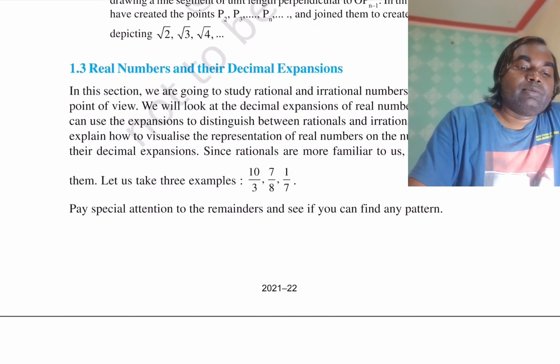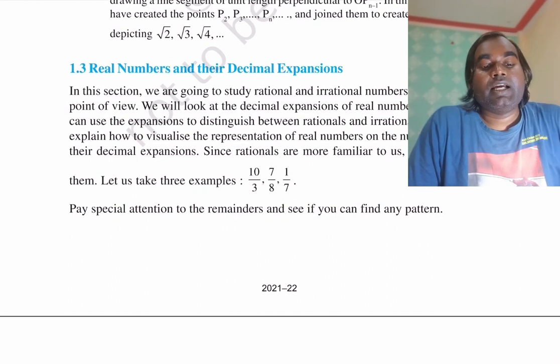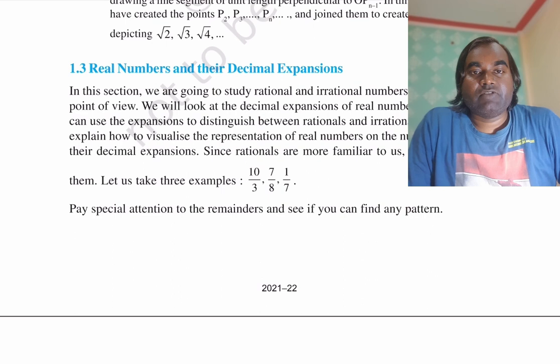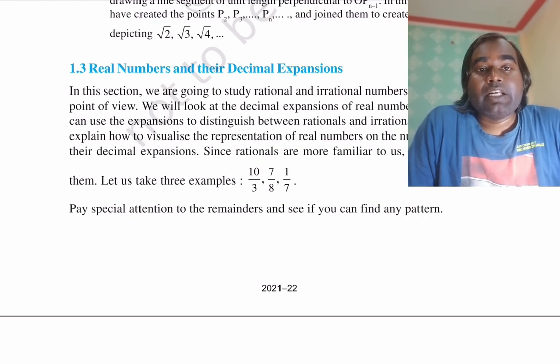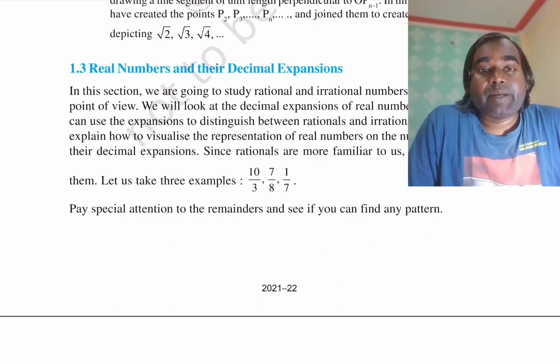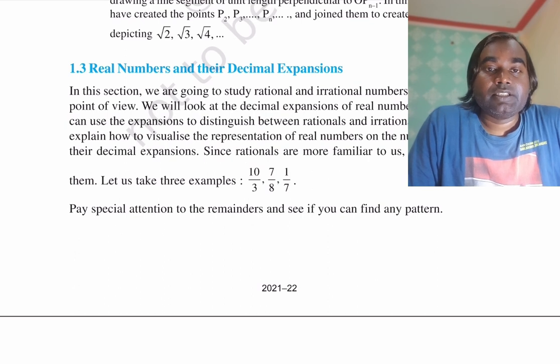Now we will study real numbers and their decimal expansions. That means, can we expand rational and irrational numbers into decimals? We will study those things.